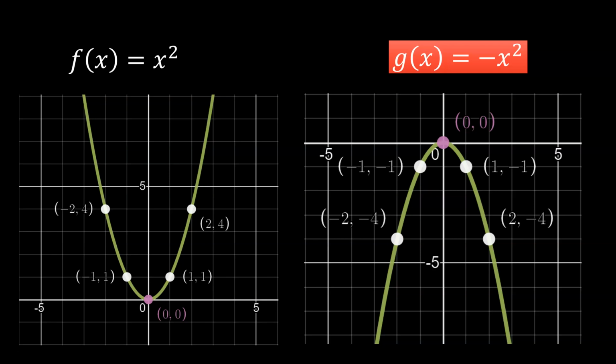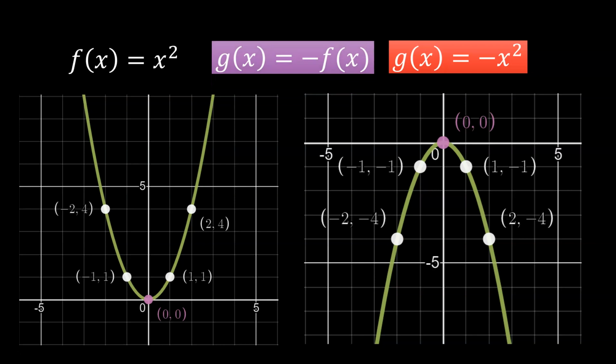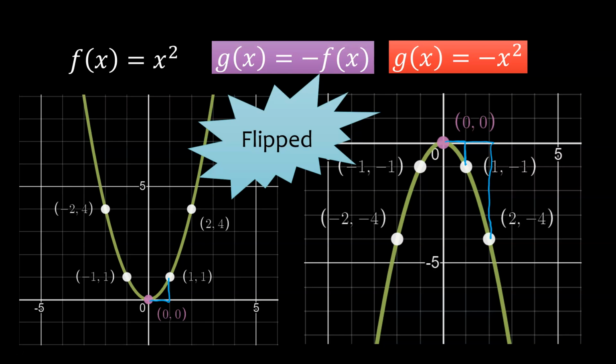It's going to turn it upside down, or we say this is going to be a flip, because g of x is negative f of x, meaning instead of going up, we now go down. Instead of over 1, up 1, we go over 1, down 1, over 2, down 4. And that is how vertical stretch, compression, and flip work, meaning we are multiplying the y value by a number.